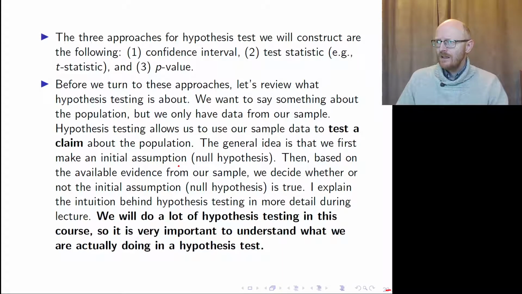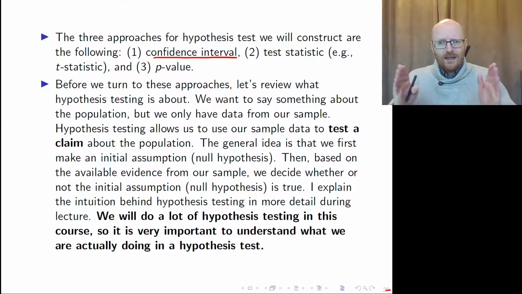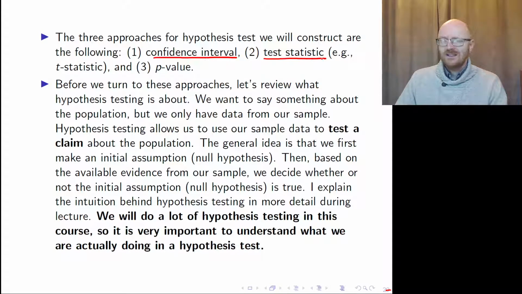Okay. So, the three approaches for hypothesis testing we will construct in this course are the following. What we want to do is to make a confidence interval, which means that we make a band around our estimate. We also want to make a test statistic to measure in standard errors how far away we are from our null hypothesis.